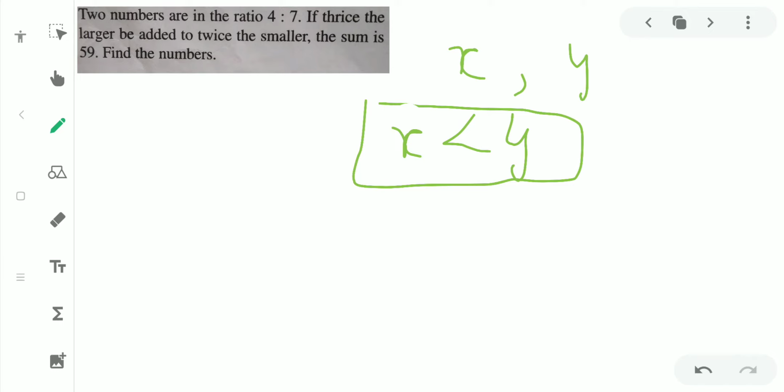Now in the question it is given that the two numbers are in the ratio 4:7. So x is to y is equal to 4:7.